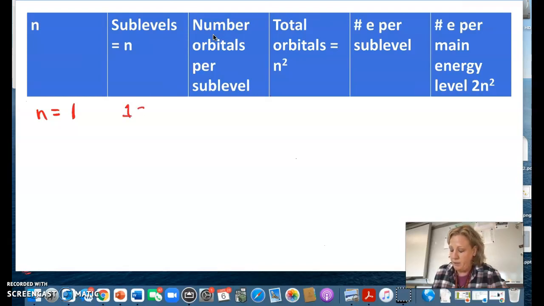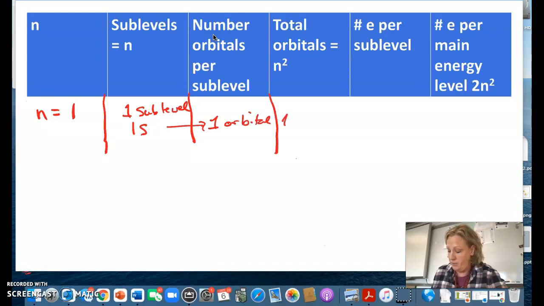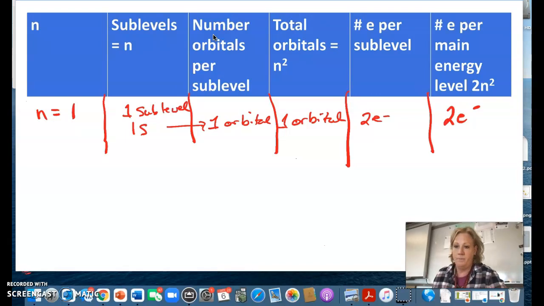So we have 1 sublevel, and it's called 1s. s sublevels always have 1 orbital. So our total number of orbitals is still just 1 in this case. And every 1 orbital can hold up to 2 electrons. So the maximum number of electrons in that first energy level is 2.